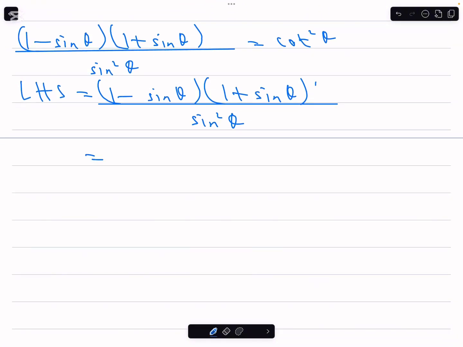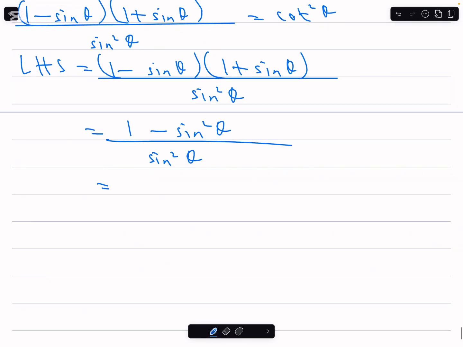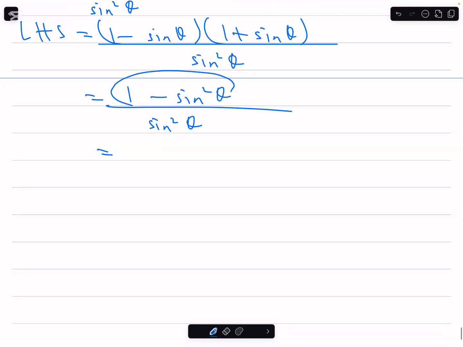This numerator is the same as 1 squared minus sine squared theta. So that means 1 squared minus sine squared theta over sine squared theta. I can write 1 squared simply as 1. And I know that 1 minus sine squared theta is cos squared theta, because sine squared theta plus cos squared theta is equal to 1.